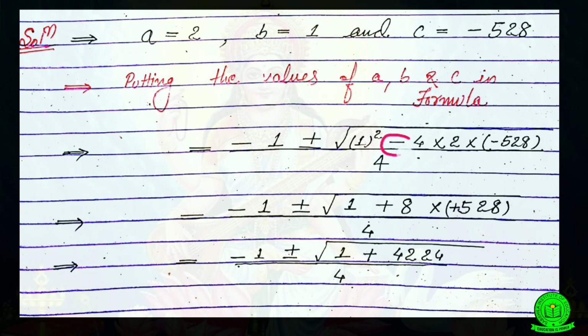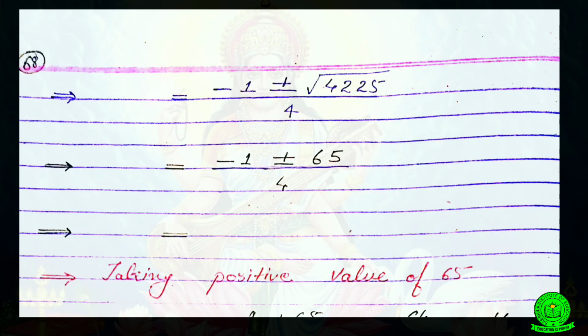Here is minus and here is also minus, so minus minus becomes plus. If you multiply 4 by 2 you get 8, and 8 into 528 gives 4224. If you add, you will get 4225. If you find the root of 4225, you will get 65.